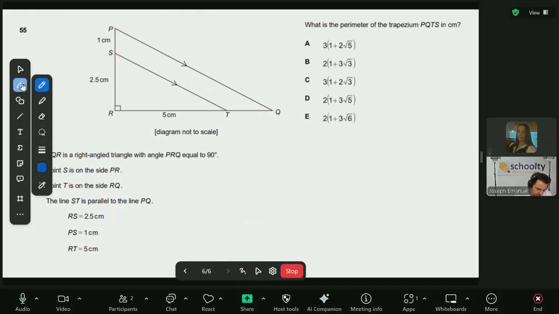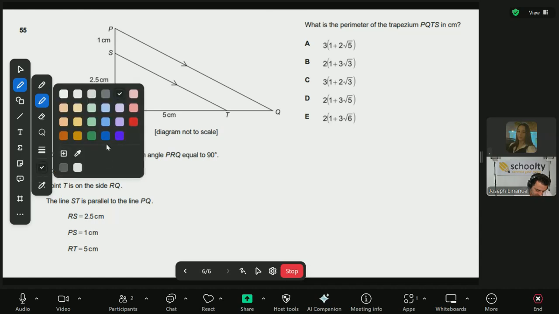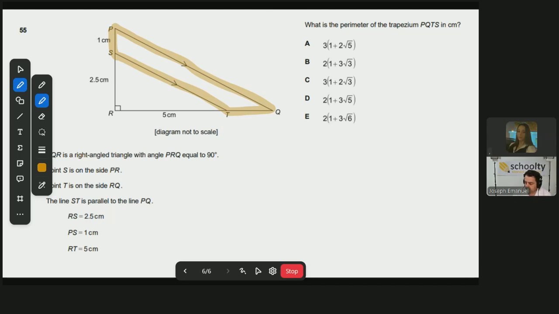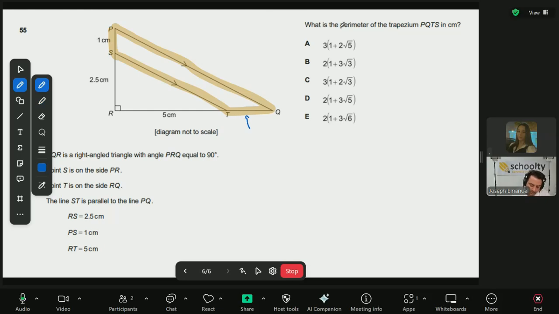I want to mark it. PQTS. This is a trapezium. Okay, so we need to calculate the perimeter of this trapezium.